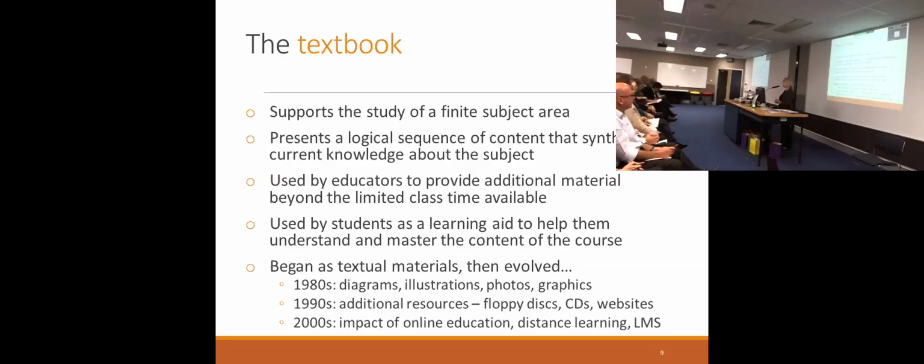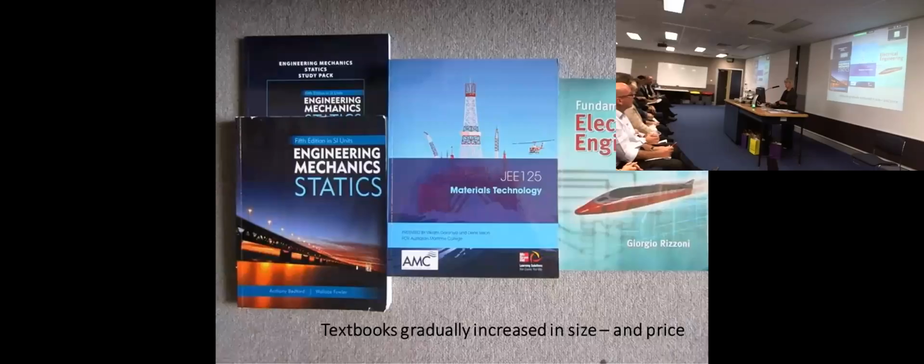Then I'm sure you can all remember this, the textbooks that had CD-ROMs in the back, and this caused problems with all the electronic equipment, security measures in the library. And then, of course, that evolved to websites, that you could access a website for further materials as well. But of course, now in this century, the impact of online education and distance learning, learning management systems, all those things are changing, evolving even further, if you like.